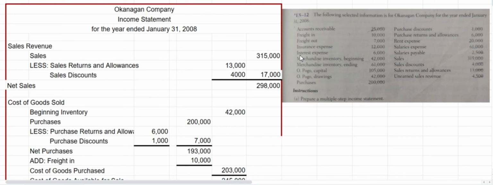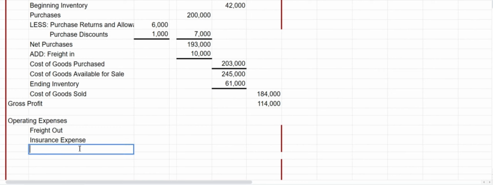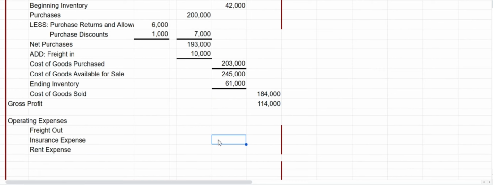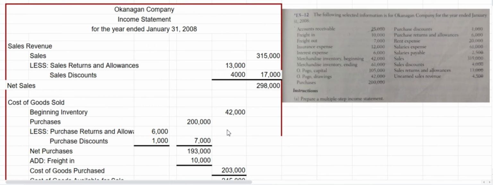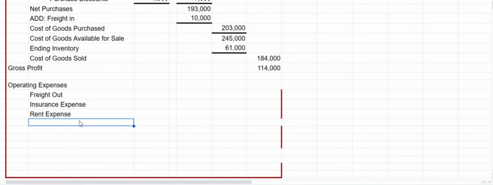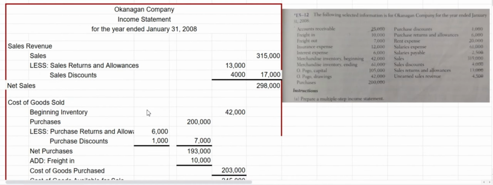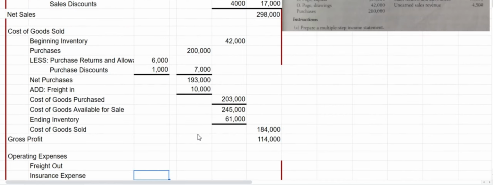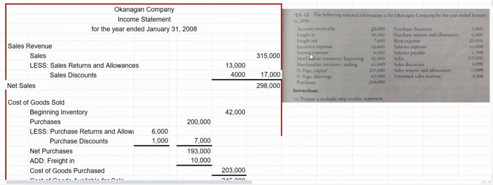This goes into other expenses. So next one would be rent expense. Then we've got salaries expense. And that's it. So let's put the values.